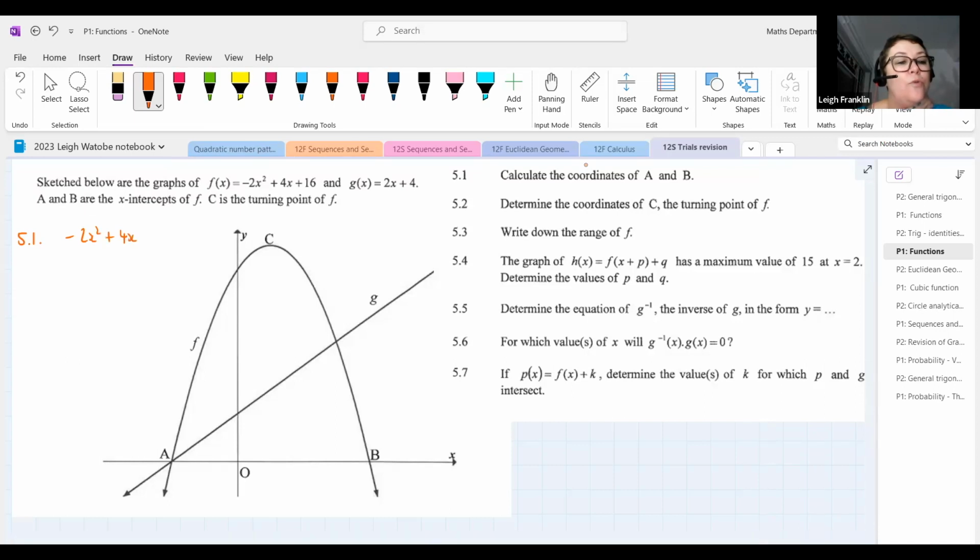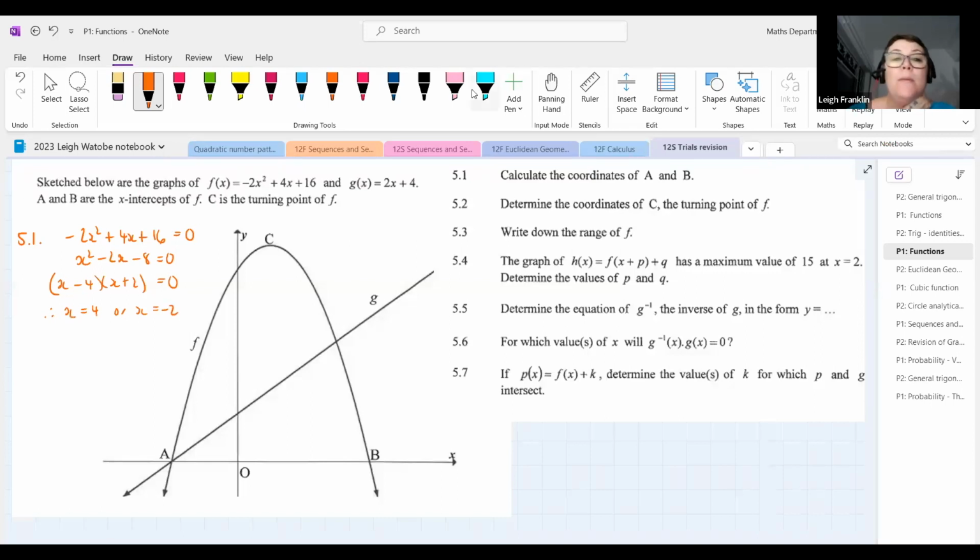So I'm just going to catch up to you guys. All of you would have made f of x equal to 0. We would have divided through by -2, and we would have factorized. So we would have got this, and we would have said x is 4, or x is equal to -2.